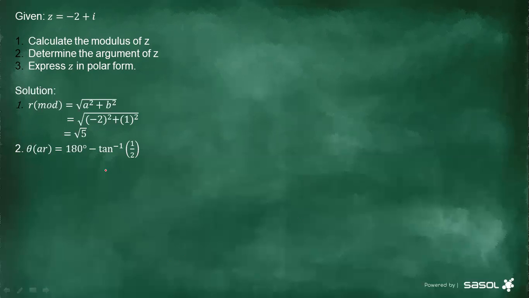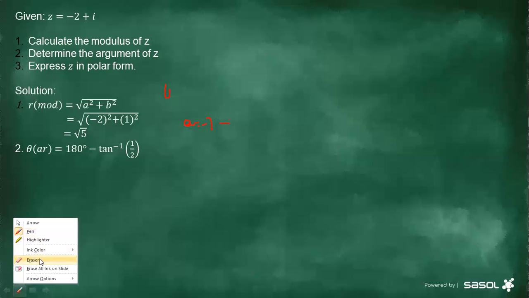And on the second quadrant it is 180 minus. And then you just say shift tan. Then you put in a positive value there, because you can see A is -2 and B is 1.